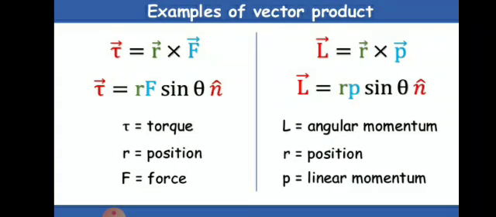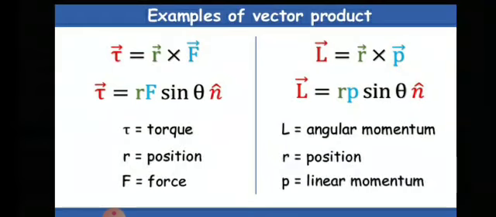So here r is the position, F is the force, tau is the torque. Torque can be written as vector tau is equal to r F sin theta n cap. n cap is a unit vector.